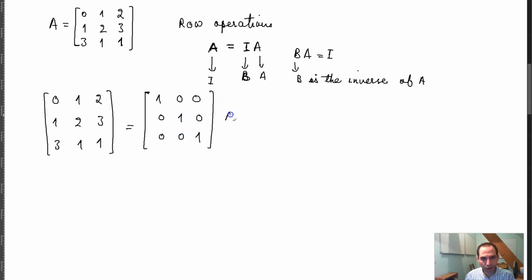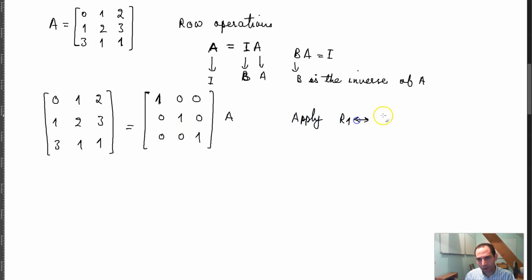Okay? And then I have the matrix A over here. Now I have to do as many row operations as required in order to get this matrix to look exactly like this matrix.